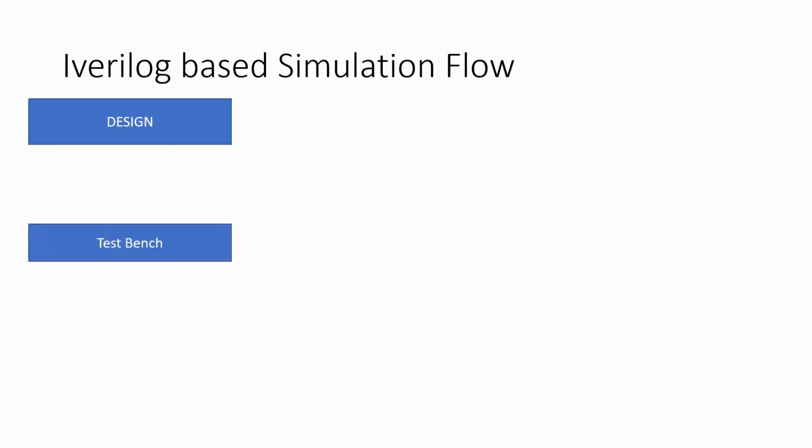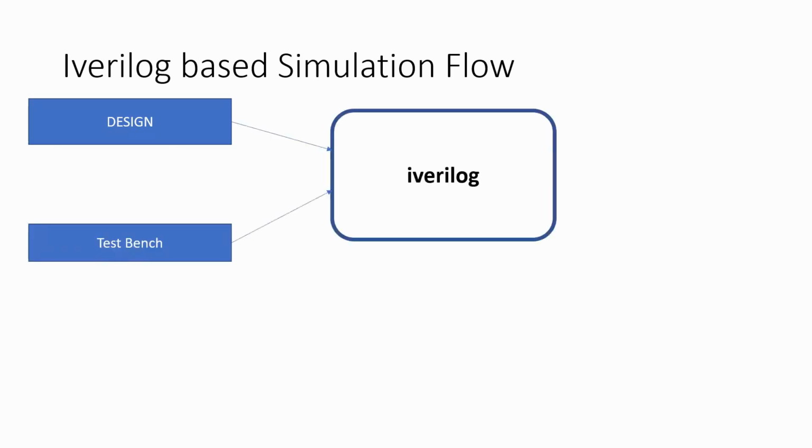Okay, so let us look at the iVerilog based simulation flow. I have a design. I have a test bench. I apply both of these to iVerilog. As I told you, any simulator for that matter, not only iVerilog, is going to look only for the changes in the input, and it is going to dump the changes in the output according to the changes in the input.